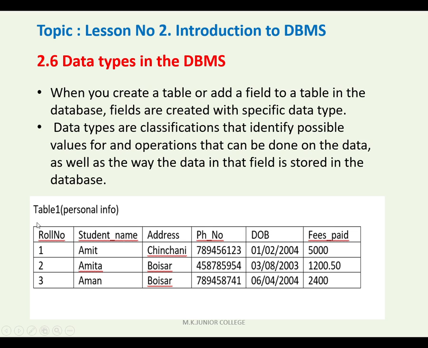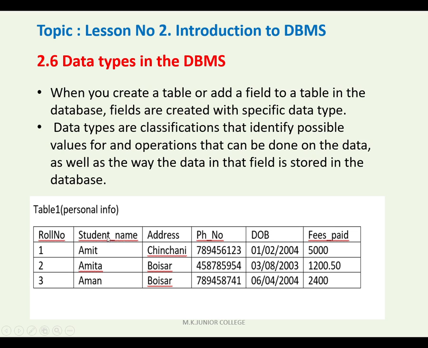Now just consider when I say a field as a roll number. I am going to add strictly all numbers under this roll number. So here I have to consider number as the data type for this roll number field. Now consider the second field as student name.